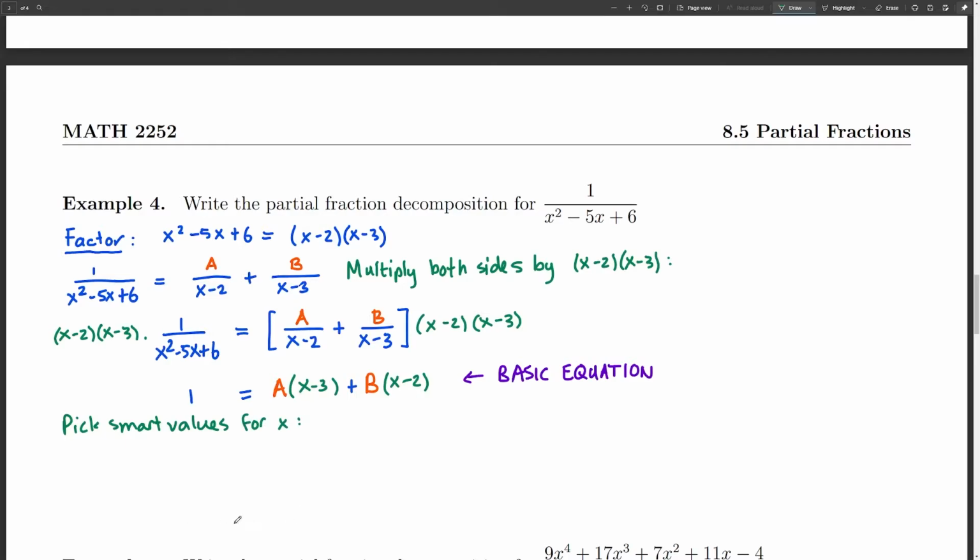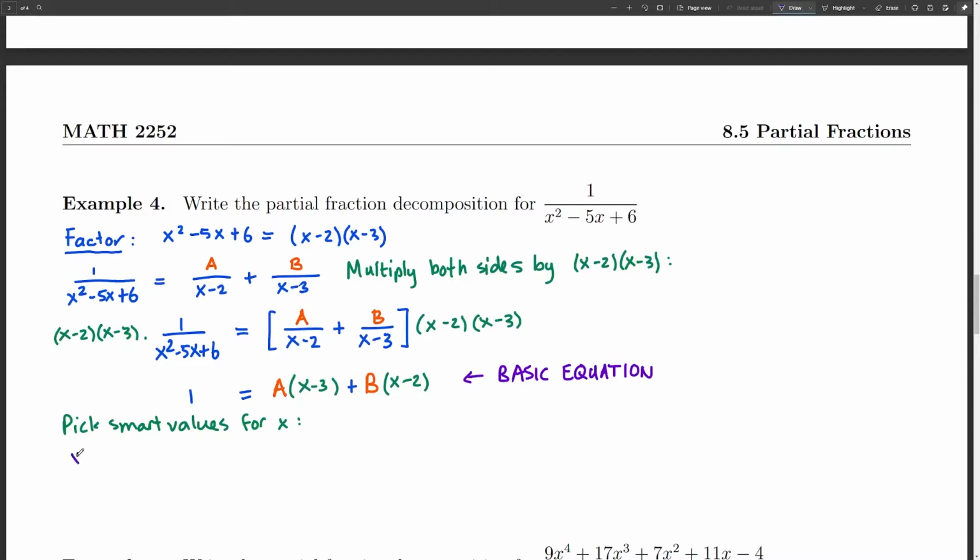One of these choices would be to pick x equals 3, because if we pick x equals 3, then 3 minus 3 zeroes out, and the unknown a disappears, and we just have an equation for b. So b can then be easily found.